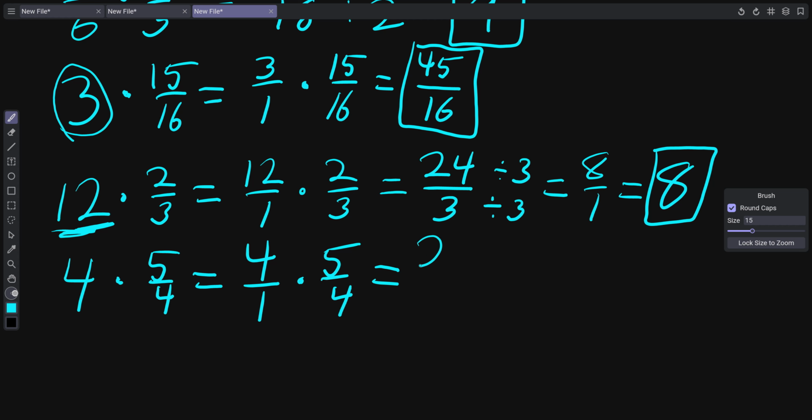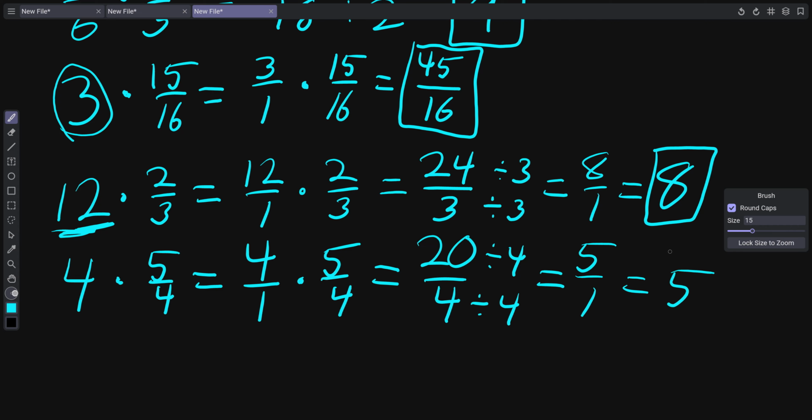This is going to equal 20 over 4, and we can take a 4 out of both the numerator and the denominator, and this will give us 5 over 1, or just 5. And in this example, you can see that we had 4, and when we multiplied it by 5 over 4, it became 5. So the quantity actually increased.